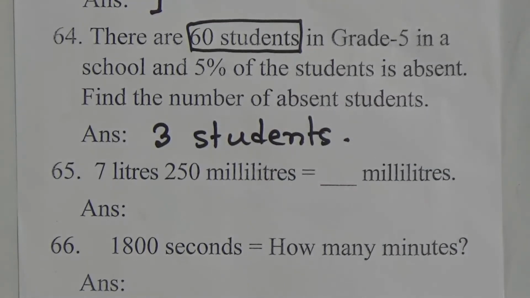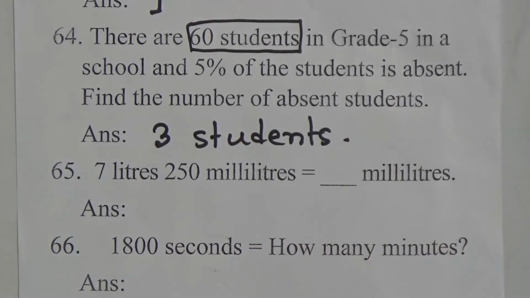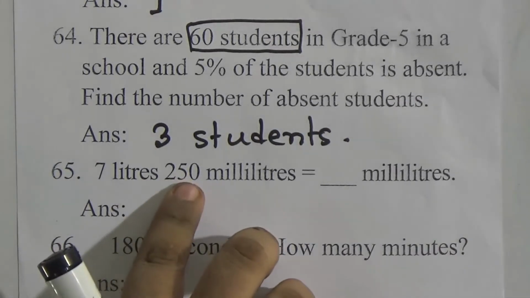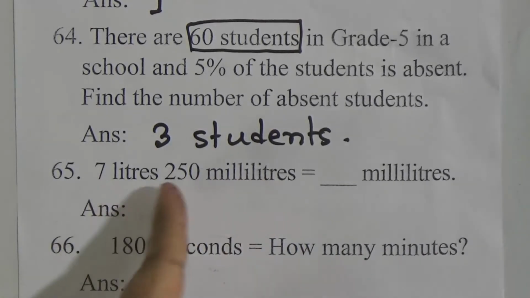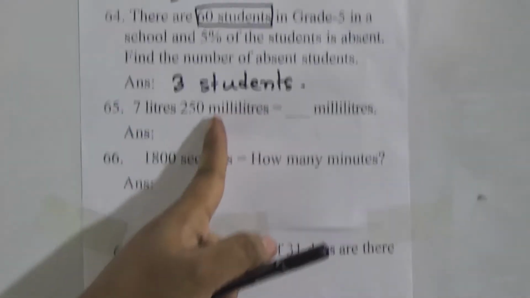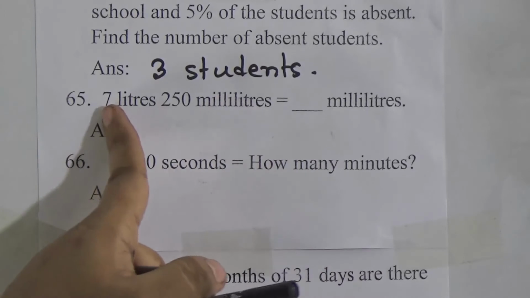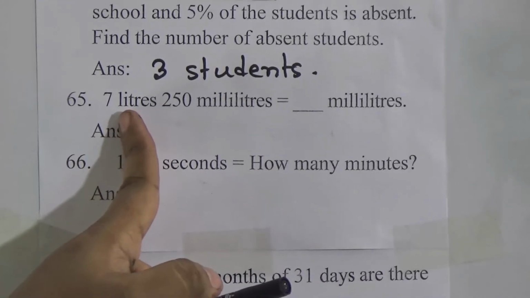7 liters and 250 milliliters equal to how many milliliters? That means here 7 liters and 250 milliliters is given. We need to convert this 7 liters 250 milliliters into milliliters. So how can we do it? Notice 250 milliliters is already given, so we need not transfer this, but here 7 liters. For this reason, we transfer this liter into milliliter first.